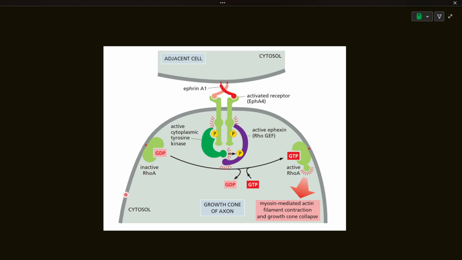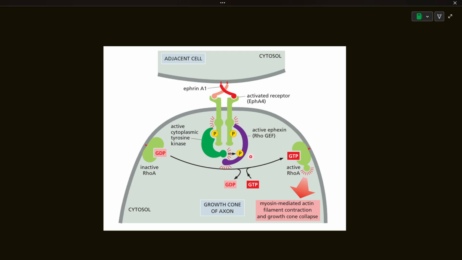But the Rho-GEF, you remember the RAS-GEF was SOS, son of sevenless, and son of sevenless was anchored to the phosphotyrosine residue. You remember that? But here the Rho-GEF, Ephexin, is not anchored to the phosphotyrosine residue, but is coupled with the intracellular domain.